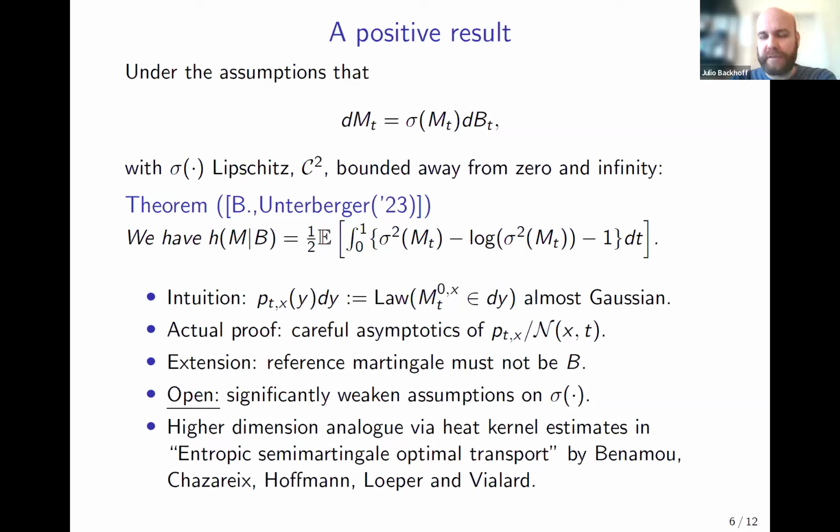This has recently, in fact, been done by this group of authors in this paper. So now we know that there is a multidimensional analog to this result, thanks to the work of these authors. But the conditions that they have on their multivariate sigma are analogous to these conditions here. So the question of how far you can weaken the assumptions on sigma is open, of course, in any dimension.